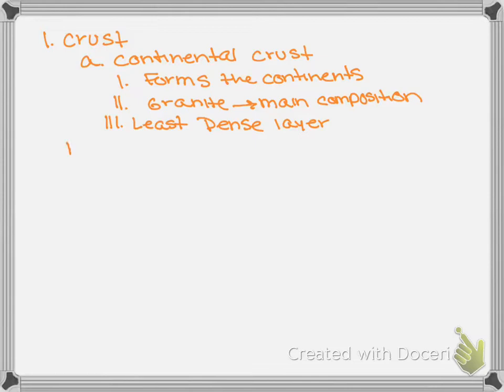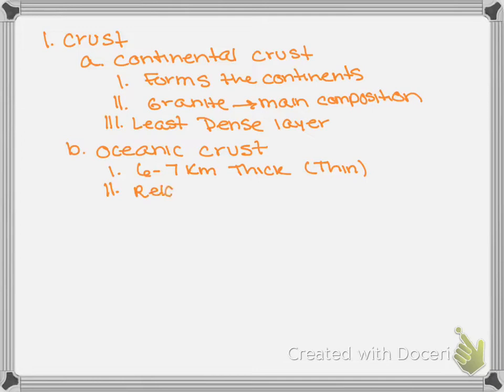The next layer we are going to focus on is the oceanic crust. The oceanic crust is only about 6 to 7 kilometers thick, so it is a very thin layer. It is also relatively young, especially when comparing to the continental crust.